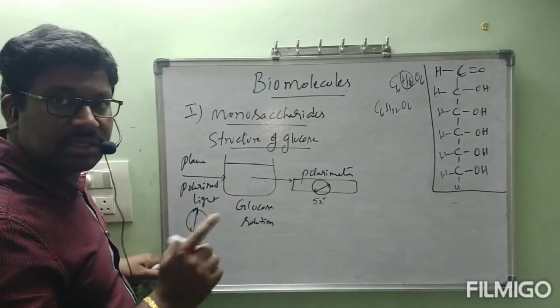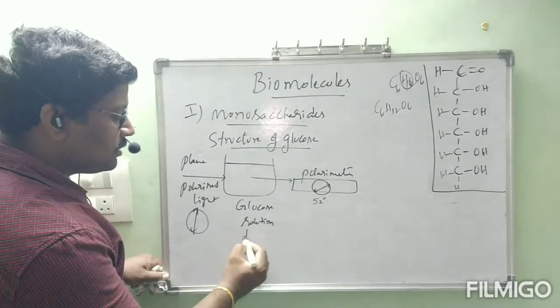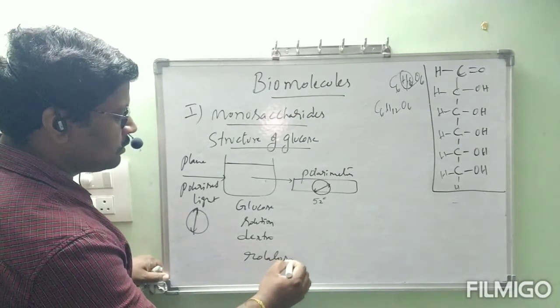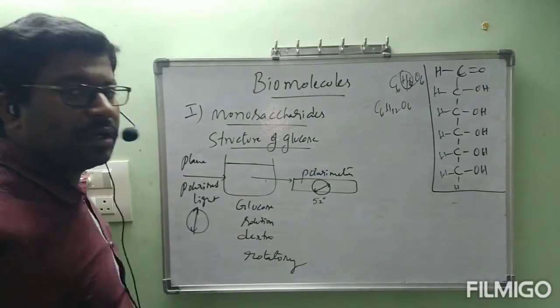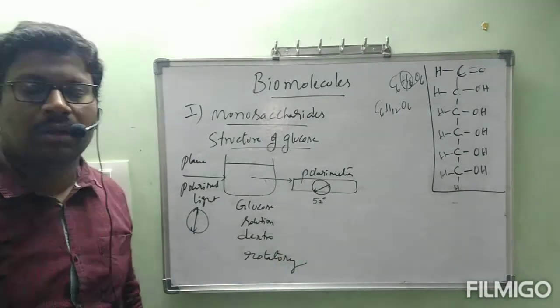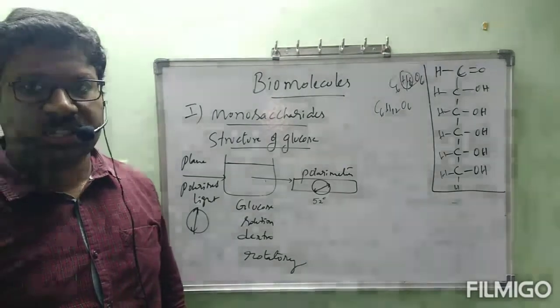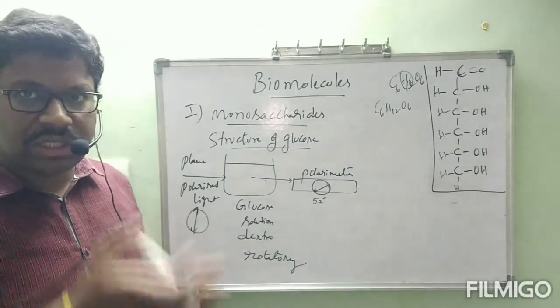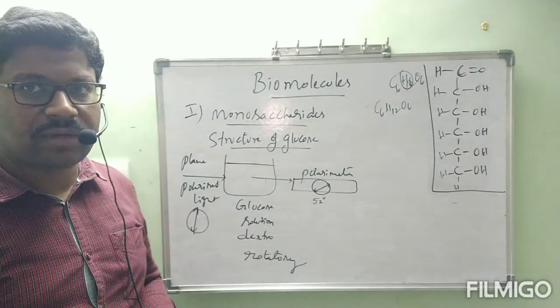By this we concluded that glucose is dextrorotatory. So till this we understood the glucose structure and the optical activity of glucose.